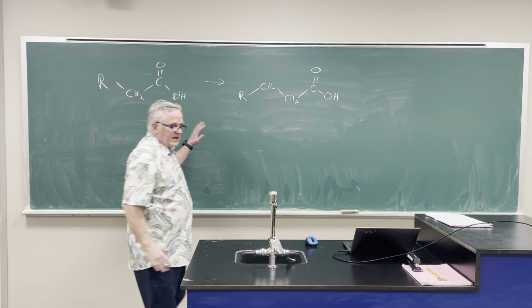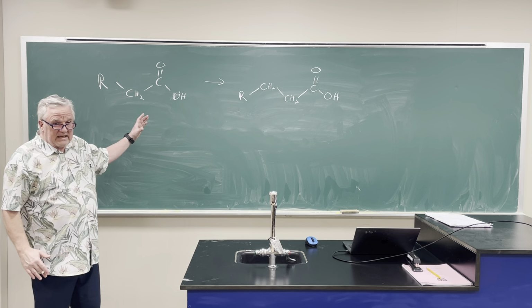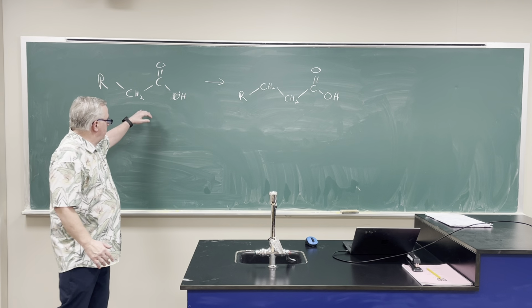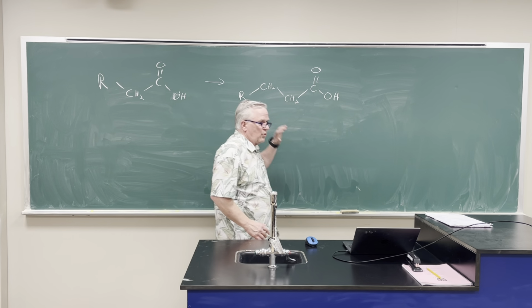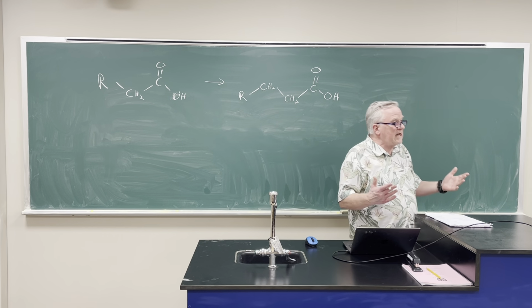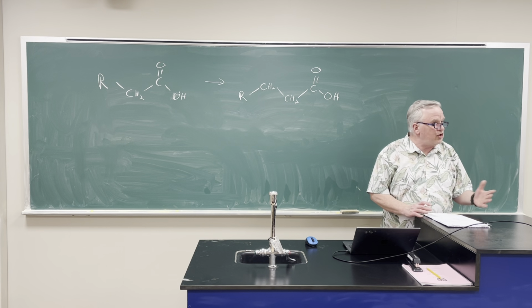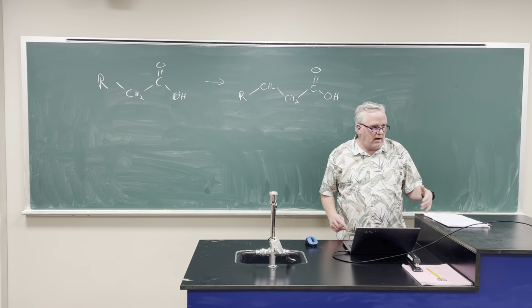So all we're doing in this problem is adding a CH2 group from this one on the left to this one on the right. We're extending the carbon chain. So how would we do that?